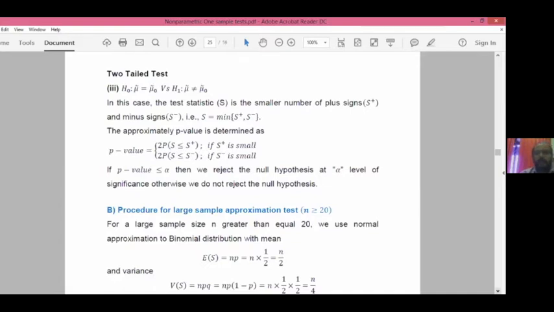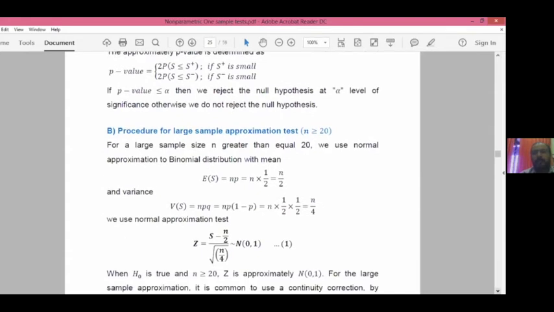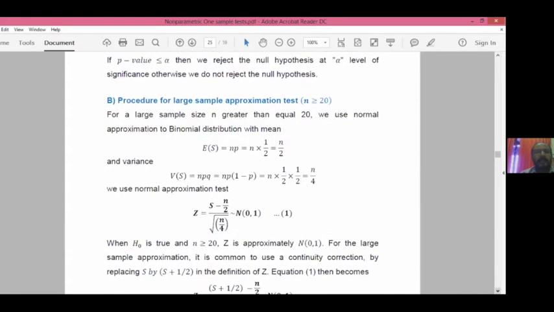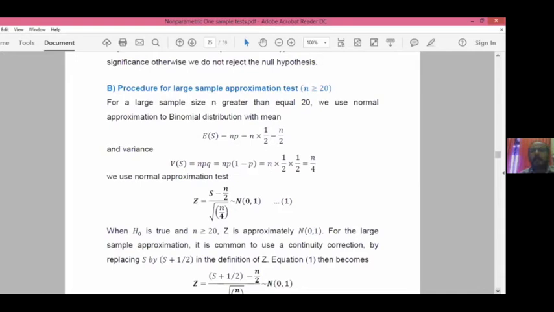Now the procedure for a large sample, when n is greater than or equal to 20. In the large sample case, we use the normal approximation to the binomial distribution. What is the mean in the binomial case? E of S is np, and with p equal to half, we have n by 2.